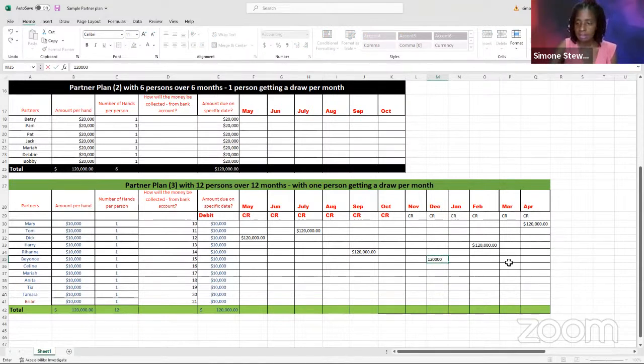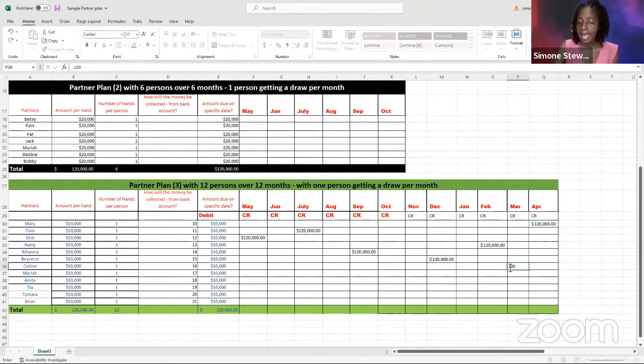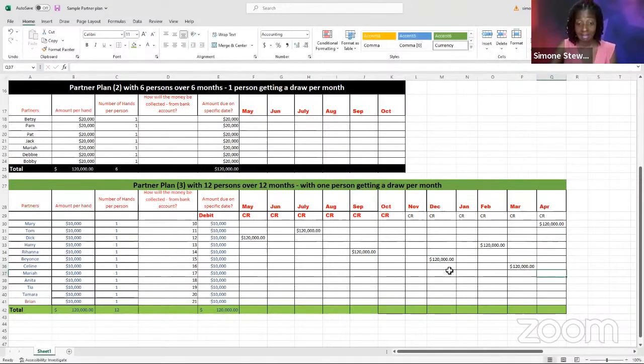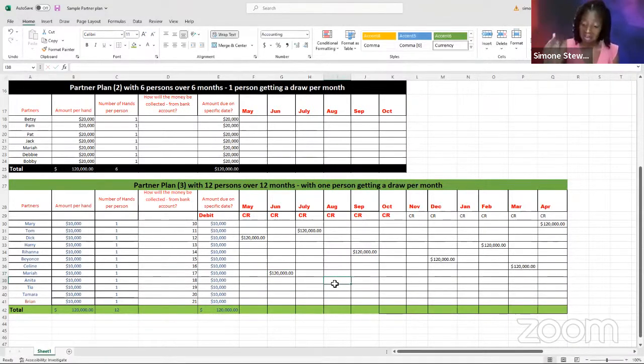Then Celine Dion says, well, I will take March of next year because I have a trip or a cruise that I want to go on. So I'll take mine then. And then Maria Carey says, well, my anniversary is coming up in June, so I will take mine in June. And then Anita said, well, August is a good time. I can go on a little vacation to Jamaica. So she says, give me mine then.